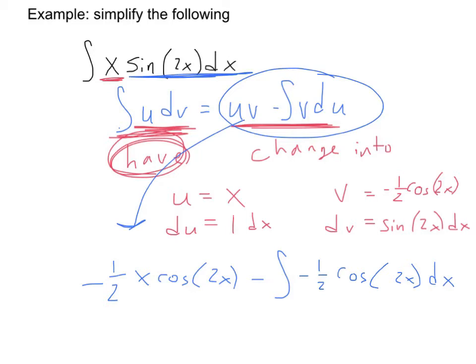And right here, I hope this is exciting, the new integral is totally doable. That x is gone. Because I was able to change out the u for the v, I got rid of my x and have this thing instead, which doesn't have the x in it anymore. So this integral is something we can definitely do. These negative symbols take care of one another.